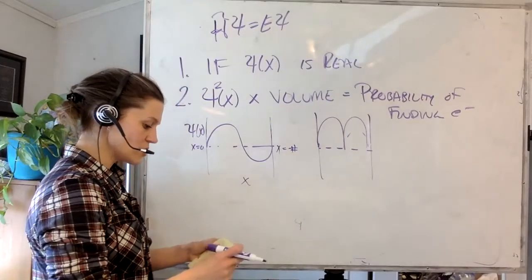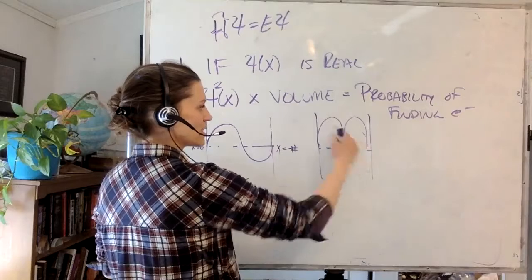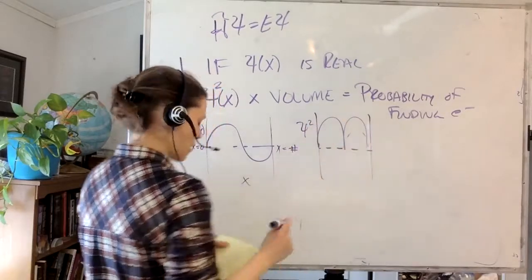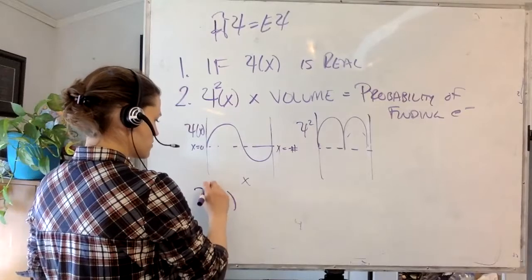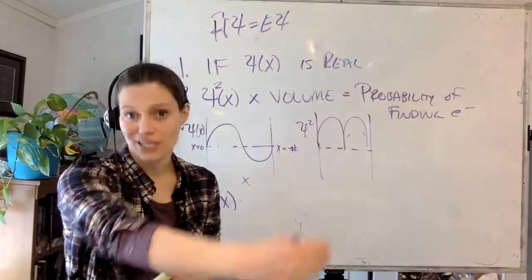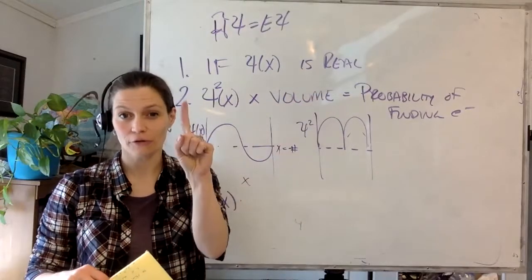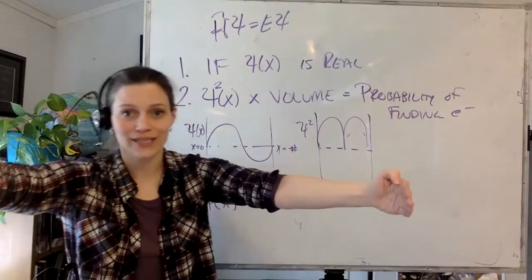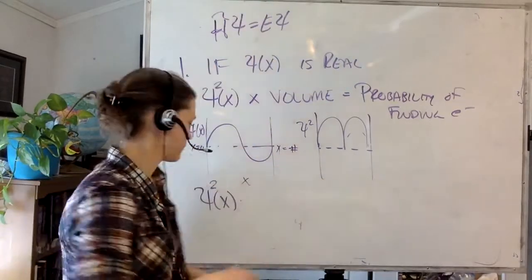In one dimension, psi squared times the volume is equal to the probability. Psi of x squared is multiplied by an extra dimension. For one dimension, what is a volume? It's just a distance, because 3D is length, width, and height, and for one dimension we just look at length.